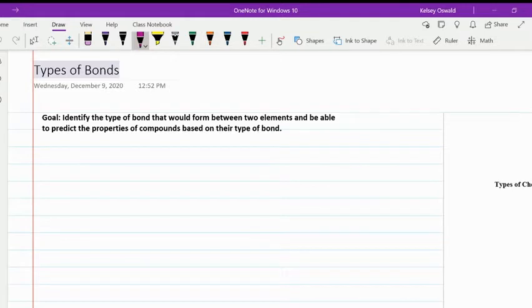When we did that lab, we should have seen two categories of compounds, or two categories of bonding, emerge. The first one: these were compounds that were able to conduct electricity. We saw that light bulb turn on when they were dissolved in water.